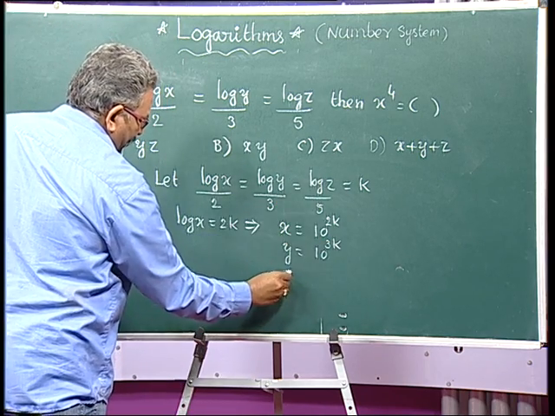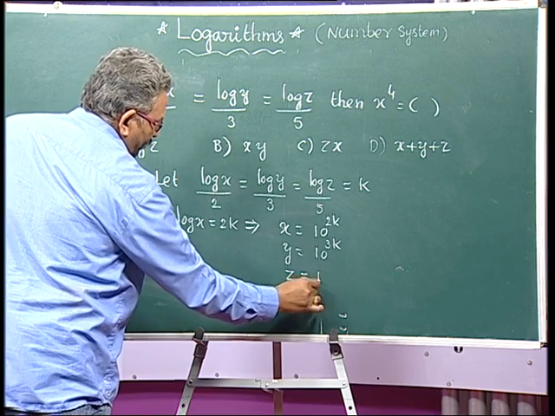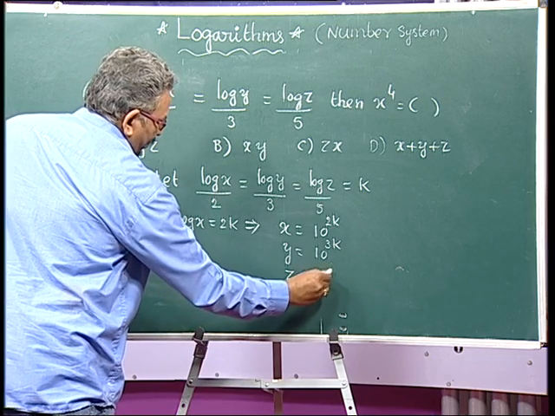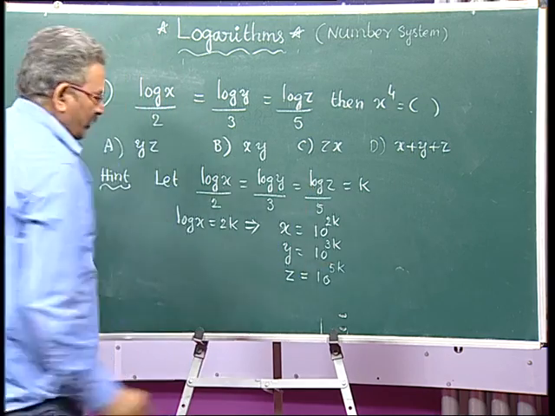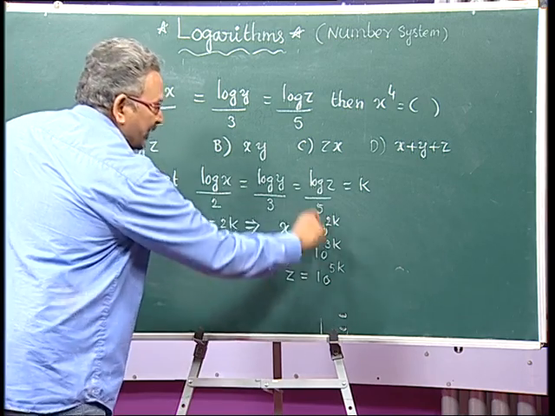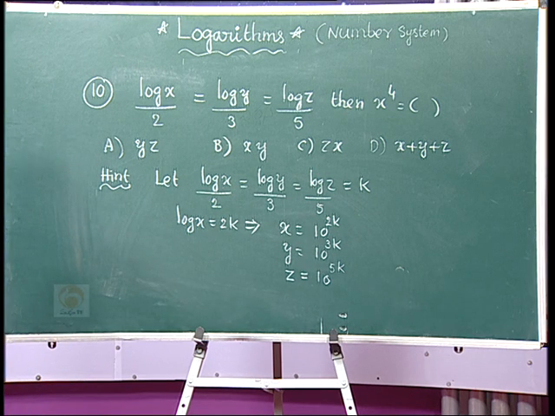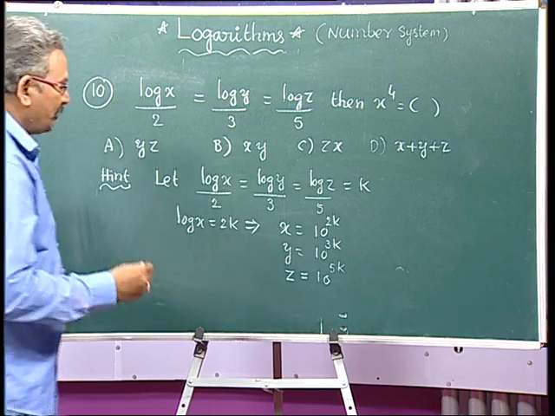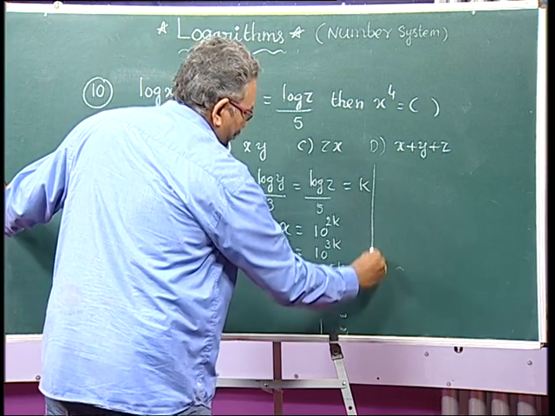In the similar manner, z is equal to 10 power 5k. Now, we have to establish a relation between these three. So, how shall we establish? Let us establish the relation.